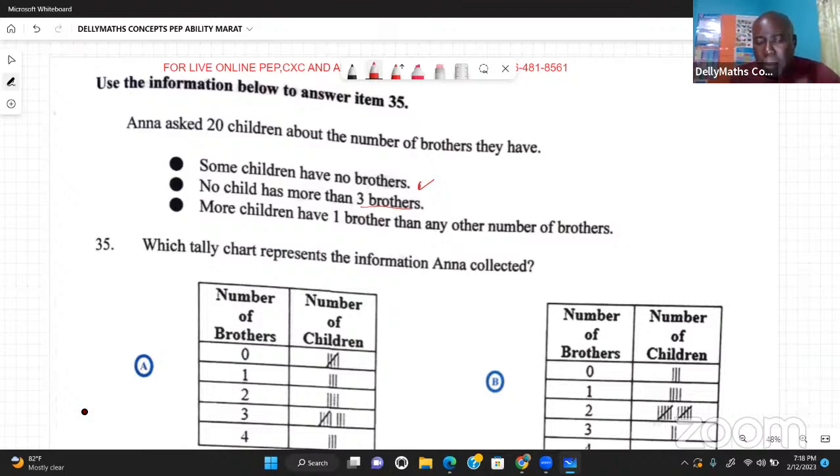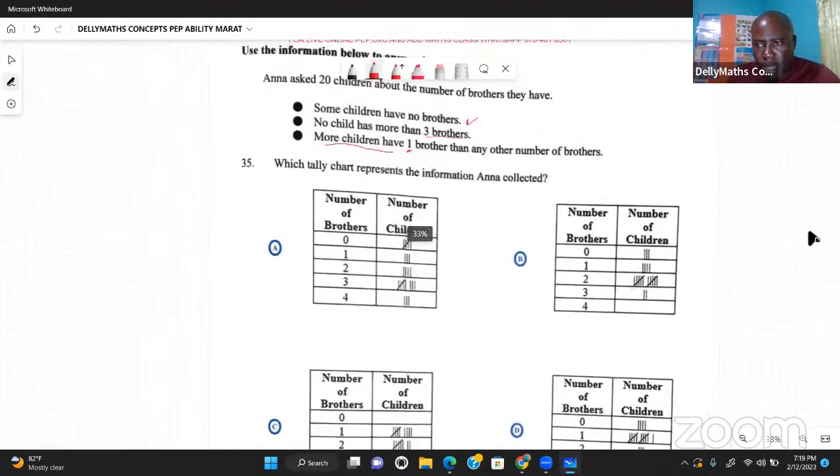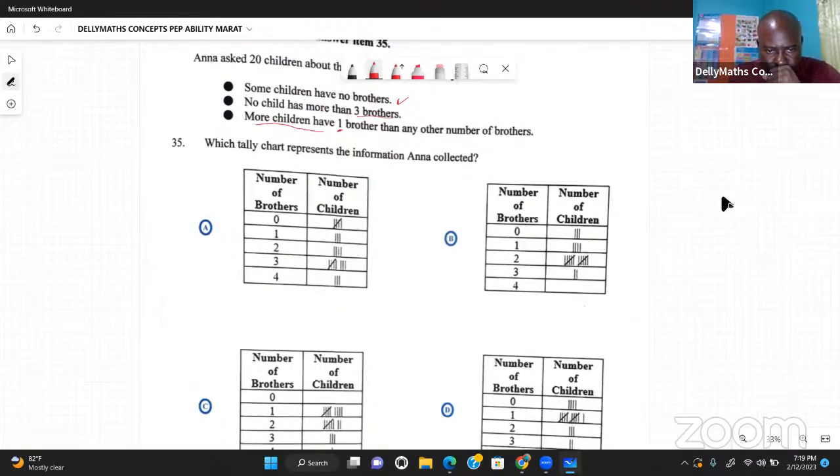Nobody passed 3. 3 brothers is the limit. More children have 1 brother than any other number of brothers. All right, let's go further. So there are a number of clues. You're going to have to put everything together. Let me minimize.